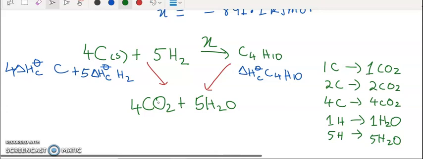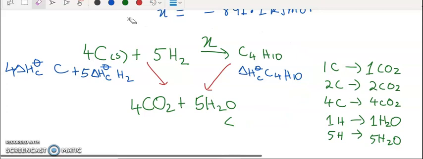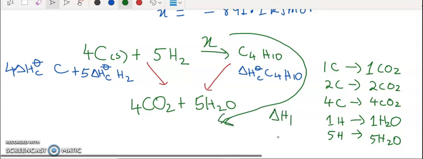Okay, so let's decide one direction. Because this arrow and this arrow are going in one direction, I'm going to call this side delta H1 because it's clockwise, and this goes in an anti-clockwise direction.